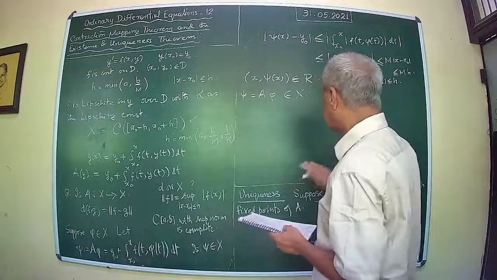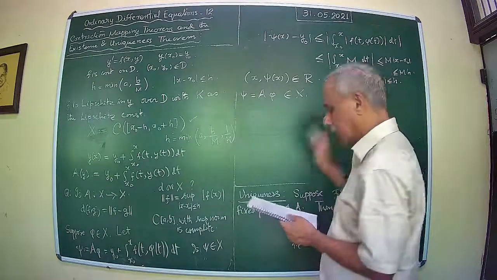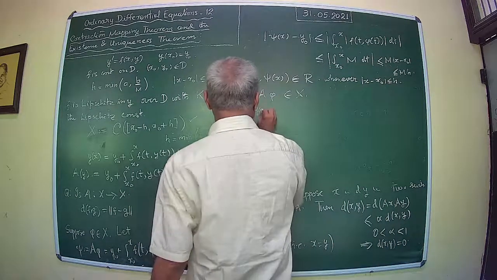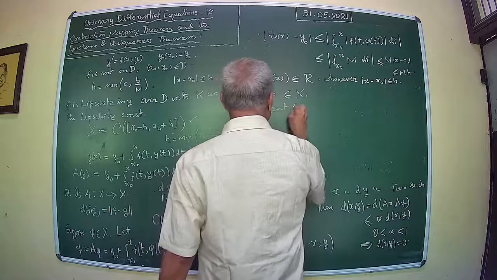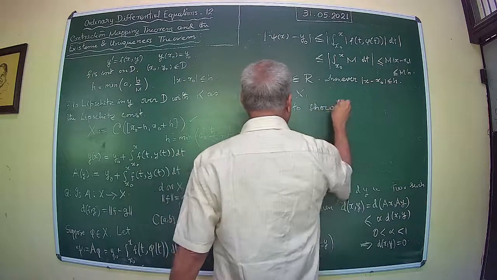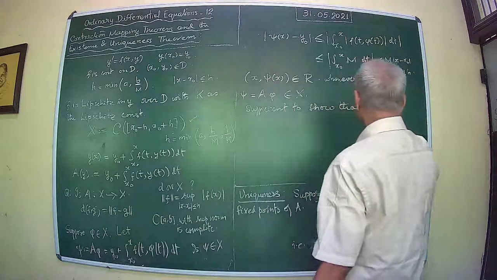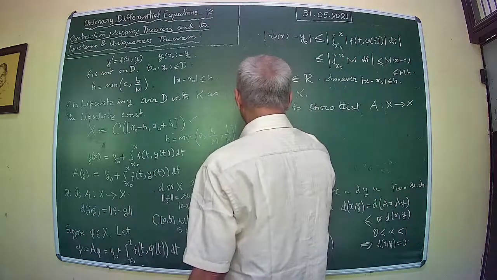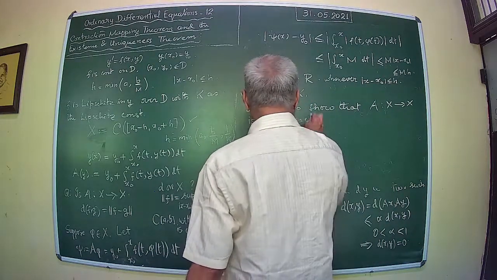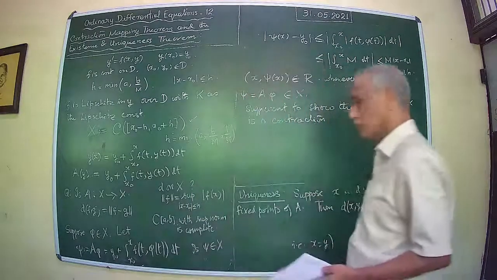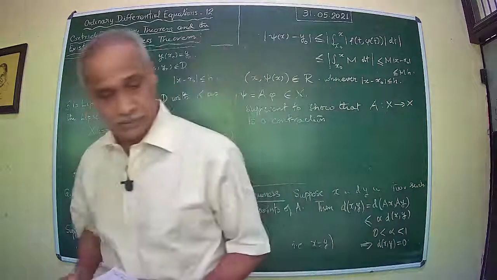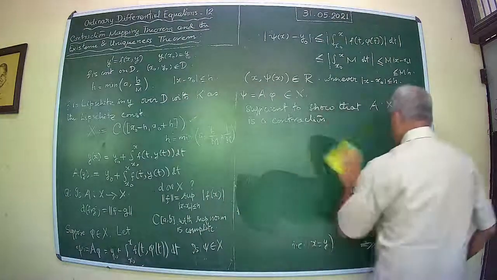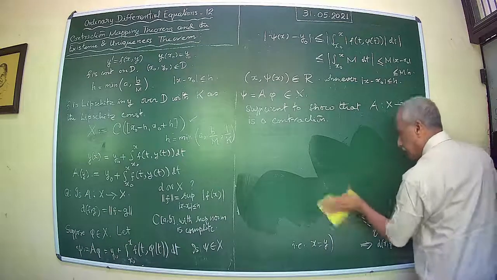Now let us show that A is a contraction. So how to prove this? It's a small estimate that you make, from which you will get it immediately.